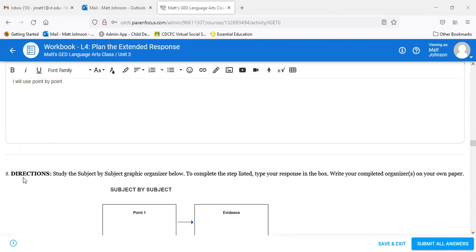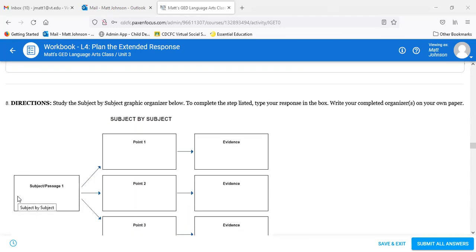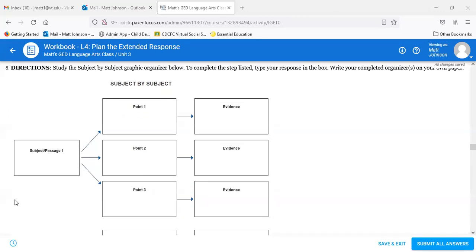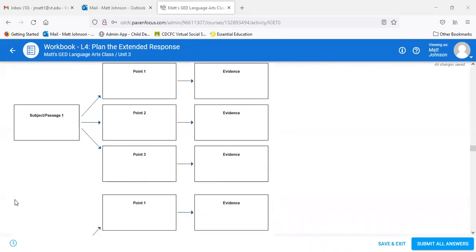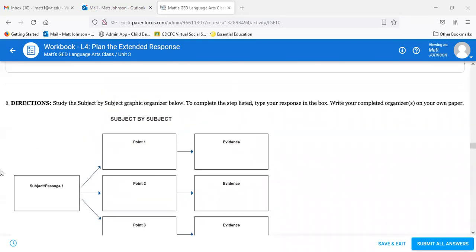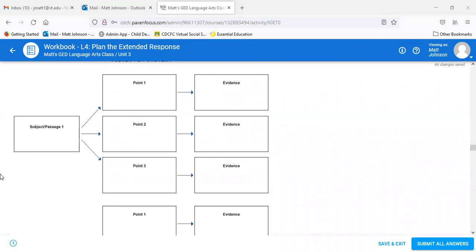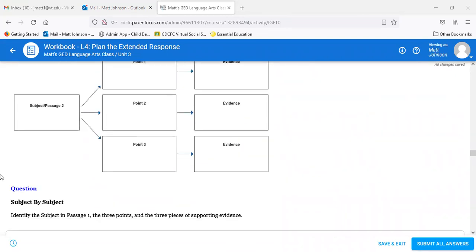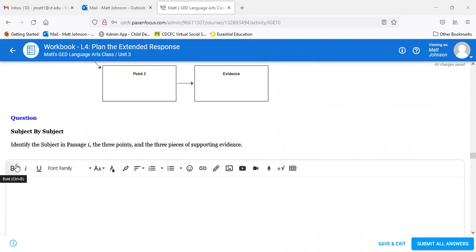It says, study the subject by subject organizer, complete the step listed, type your response in the box, write your completed organizer on your own paper. We already did that, but if you want to go back through for practice, thinking about the passages we've read, and make your own organizers where you look at different points, that's fair game.